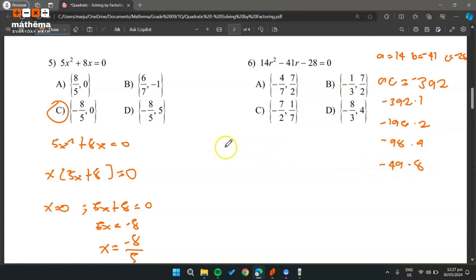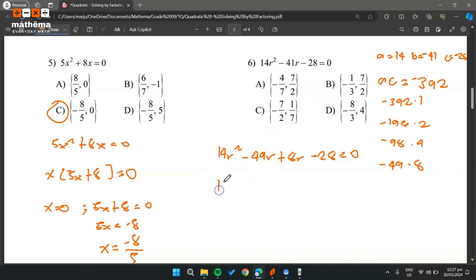So we will do 14r squared. And again, instead of writing negative 41r, we are going to write negative 49r plus 8r minus 28 equals 0. And then we group together.